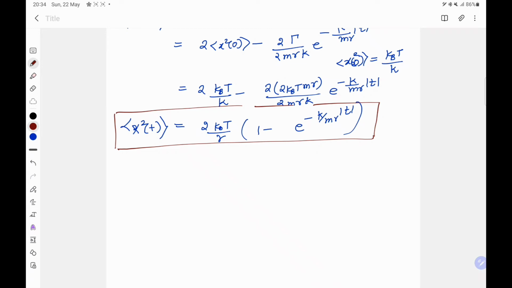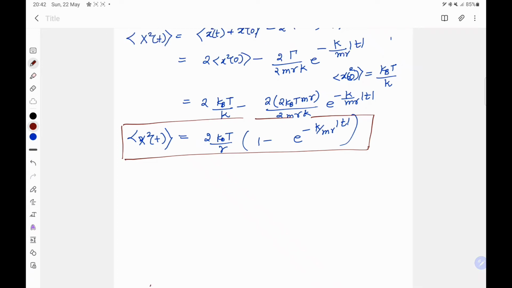Okay, so now what will be the velocity correlation? So velocity correlations, V t is x dot t. T prime will be x dot t prime.